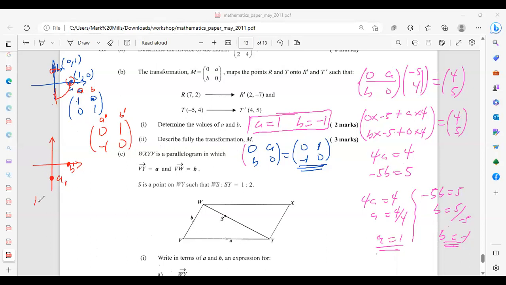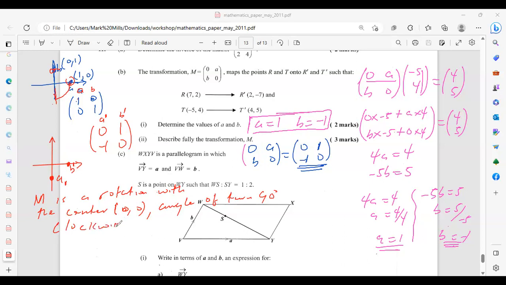M is a rotation with the center 0, 0, the origin, at an angle of 90 degrees in the clockwise direction.